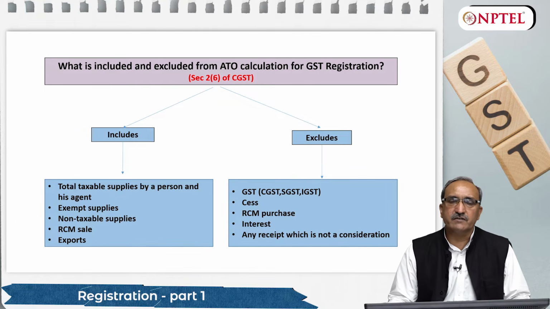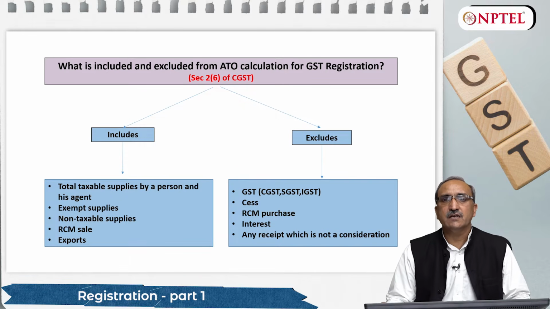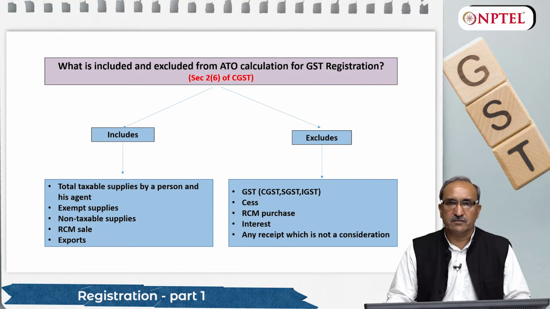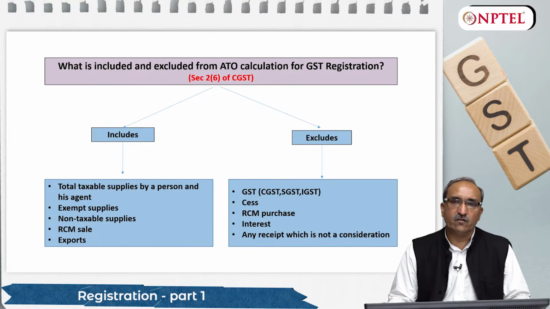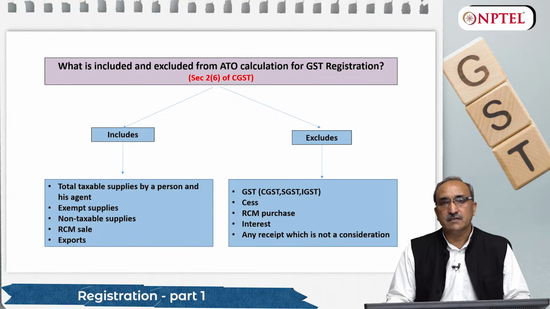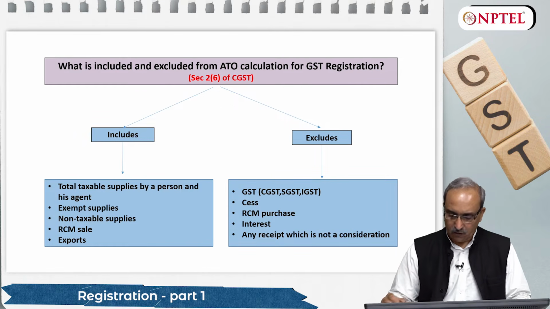Anything which you have received but is not for a consideration, meaning again supply of any goods or services, that will be out of aggregate turnover. Rest will be included in aggregate turnover, and if it is more than 40 lakh rupees and you are only and only dealing with goods, yes, you need to obtain GST registration, or if it is more than 20 lakh rupees, you need to obtain registration.